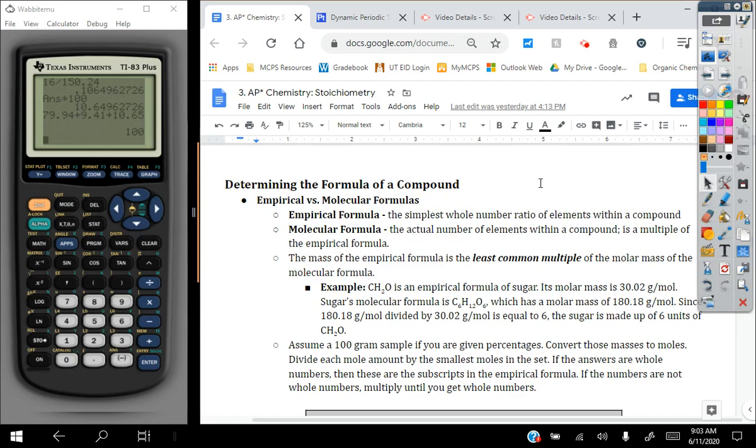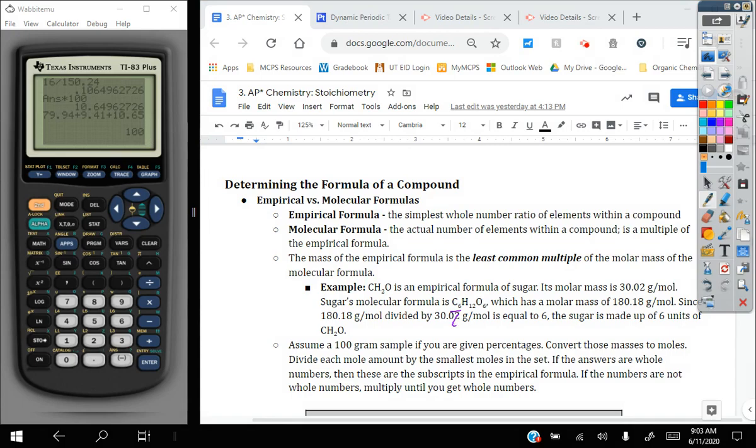But then if we look at its empirical formula, which is the simplest whole number ratio, I can divide the C by 6, I can divide the H by 6, and I can divide the O by 6 to give me a CH2O as my empirical formula. So essentially what I did here, divide by 6, divide by 6, divide by 6.